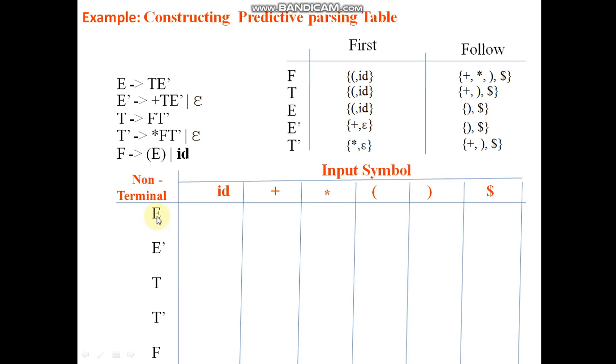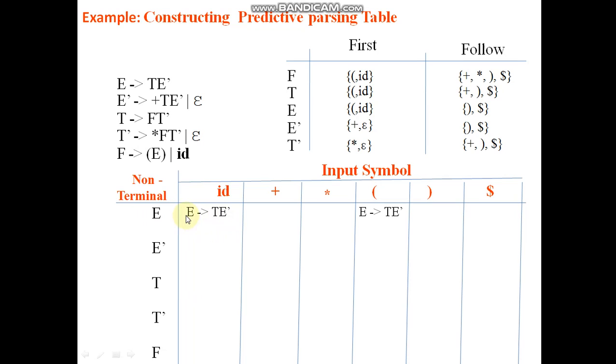That is determined by using the first information of capital E. The terminal symbols in first of E are left parenthesis and ID. Therefore, the production of E should be added in the left parenthesis and ID columns.